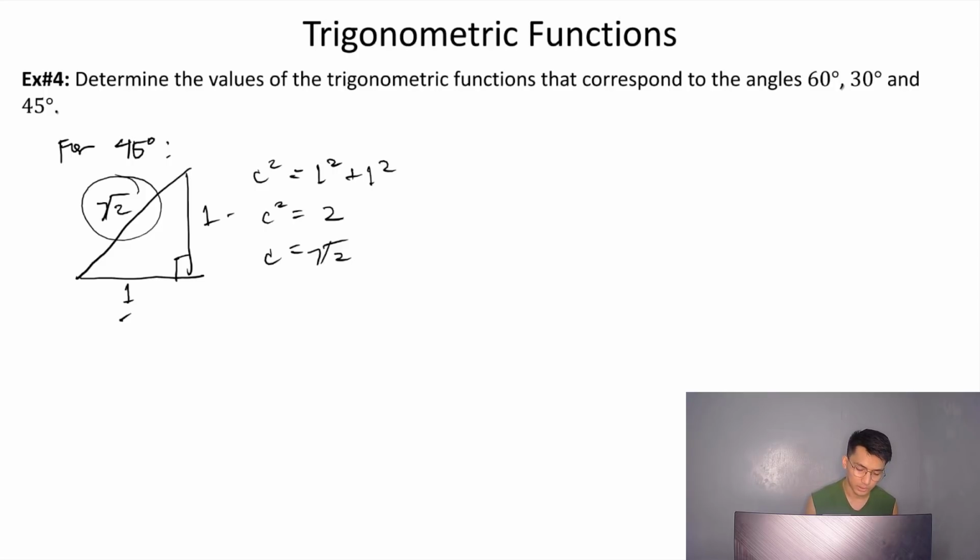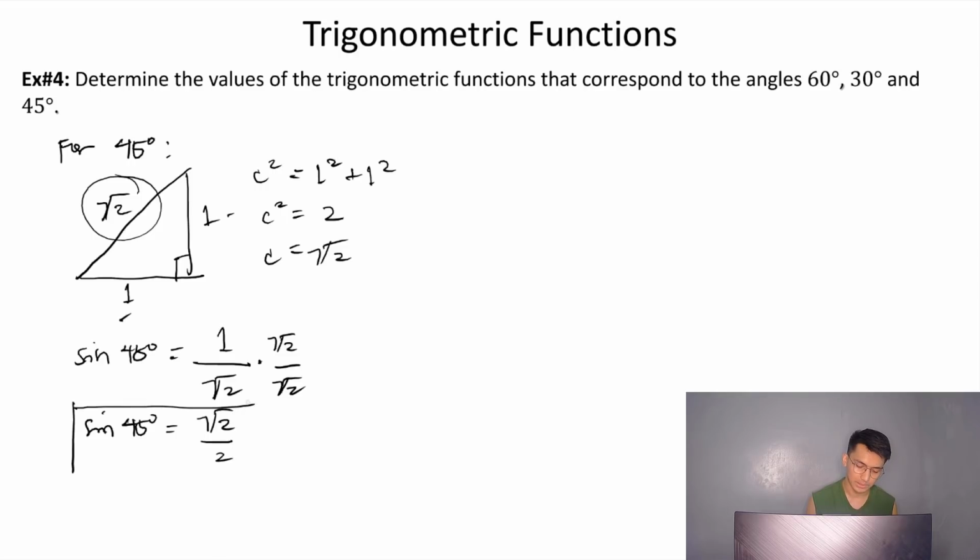So for sine 45 degrees, opposite over hypotenuse. So, opposite ay 1. Ang hypotenuse natin ay square root of 2. And by rationalizing, square root of 2 over square root of 2, para makancel yun, we now have sine 45 degrees is equal to square root of 2 over 2 na lang.